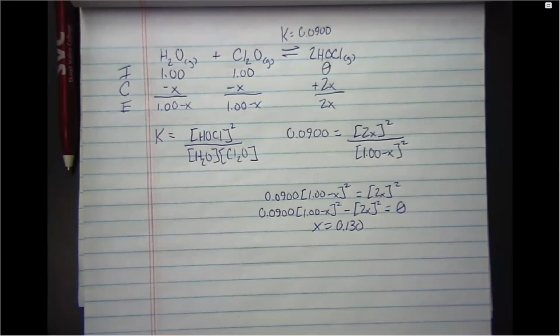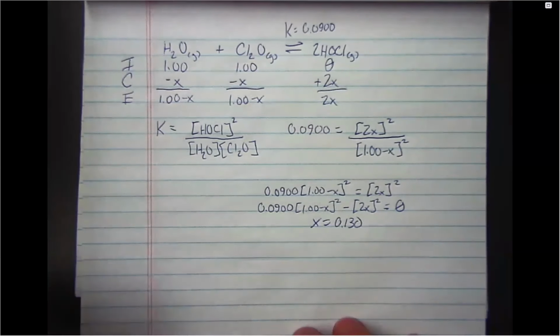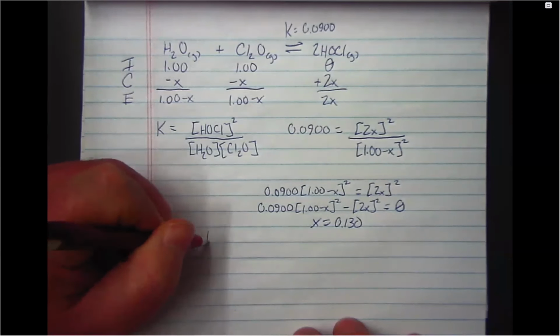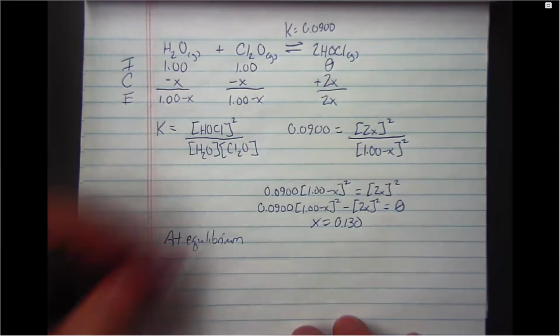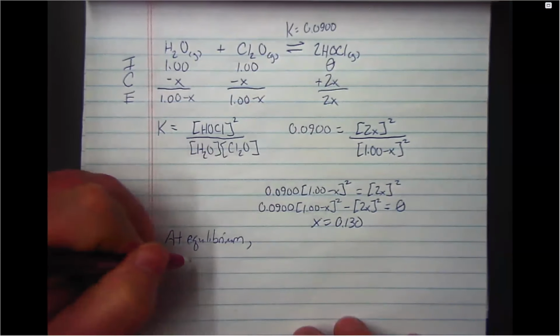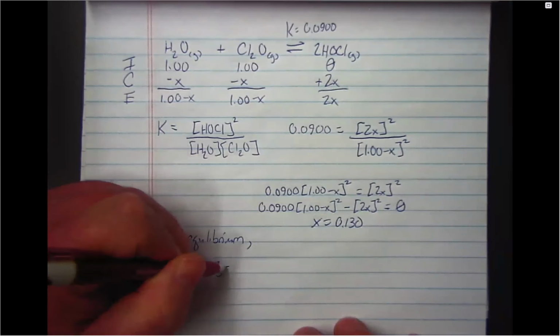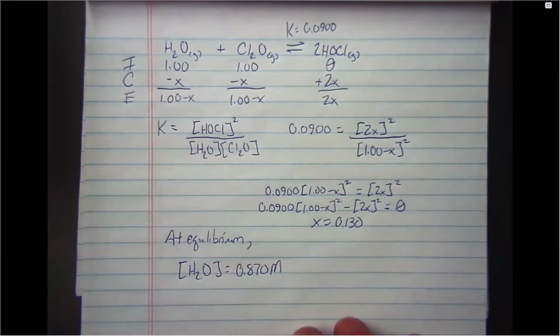So if that is the case, if x equals 0.130, then at equilibrium my molarity of H2O should be 0.870 molar.